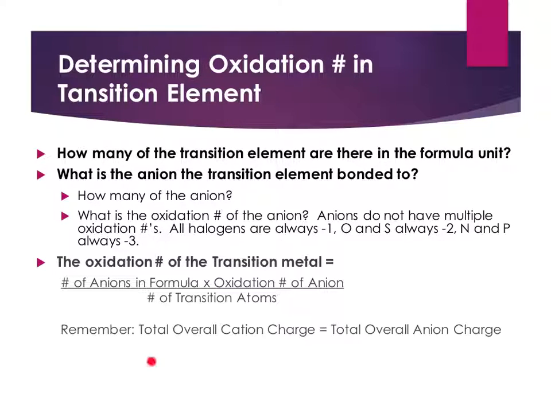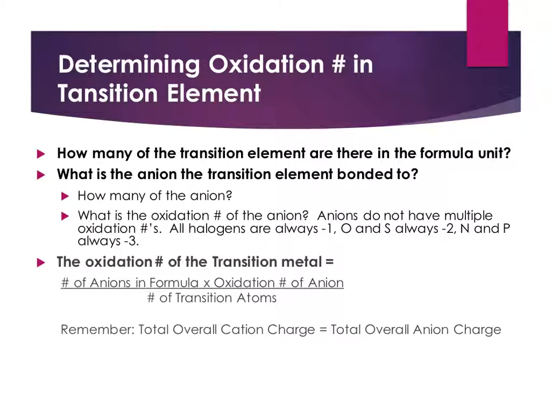The total overall charge of our cations in our compound has to equal the total overall charge of our anions, right? So the total number of pluses has to equal the total number of minuses, all right? Now, if you get that concept, finding the oxidation number of a transition metal is very straightforward.